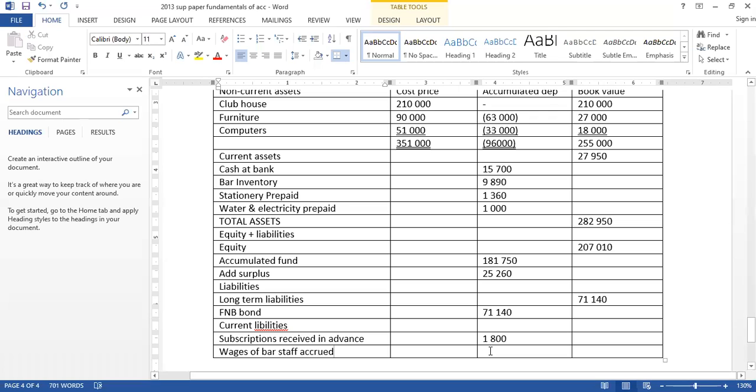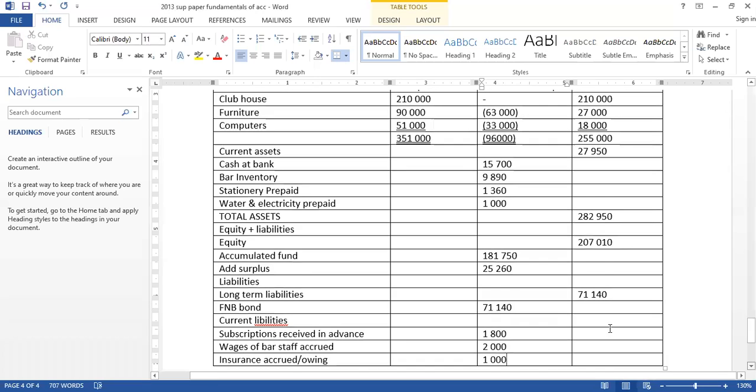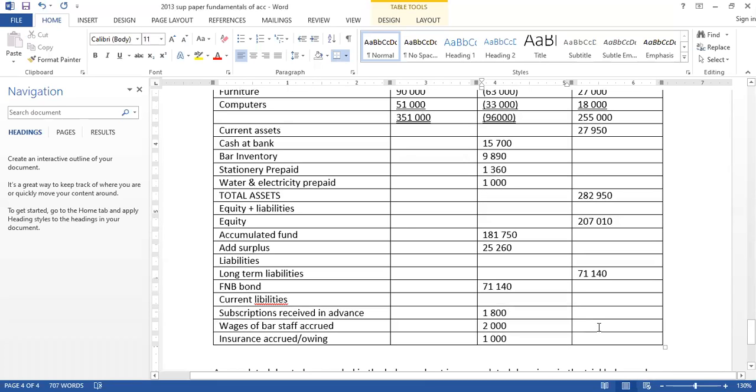And then we have insurance accrued, or owing, whatever, it's the same thing, 1,000. So we add up all our current liabilities and obviously we'll have 4,800.